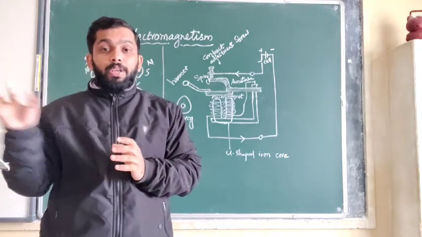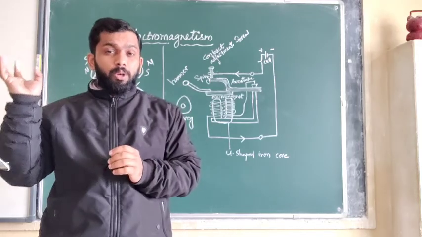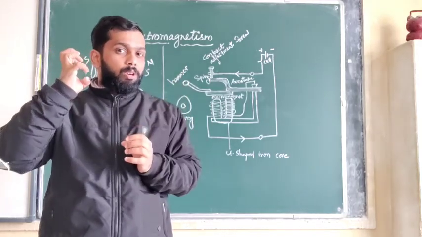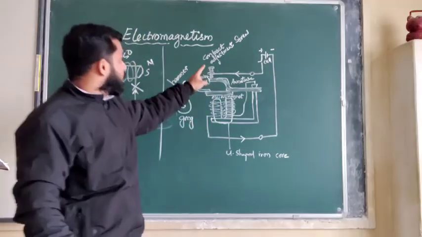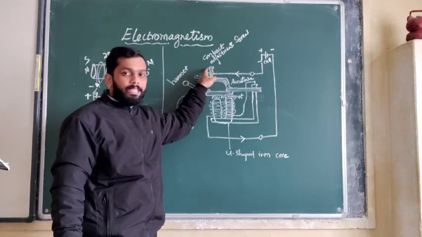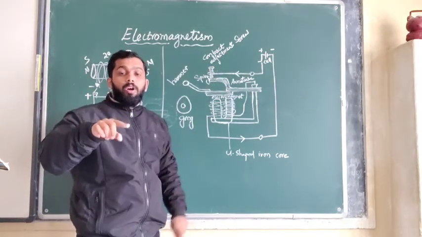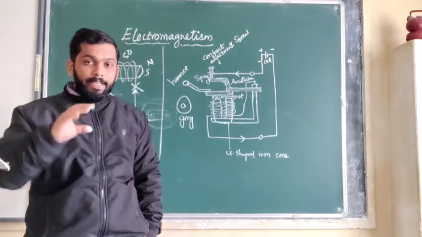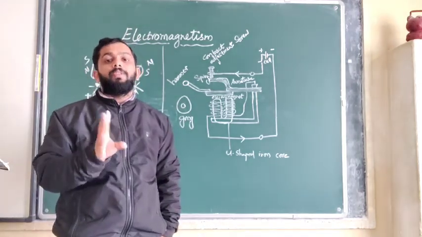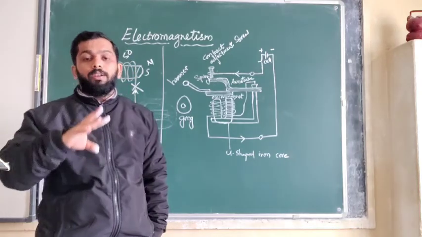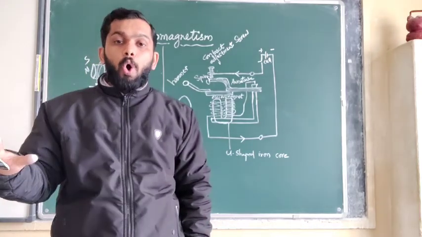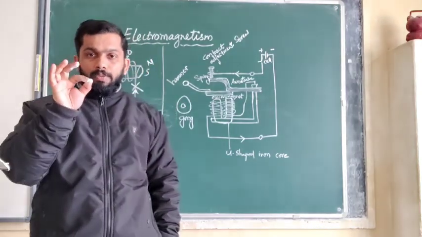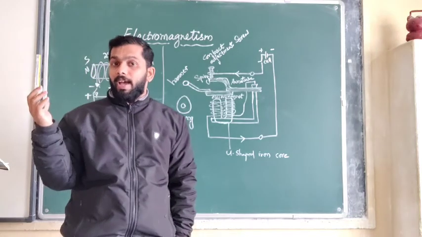Suppose we know that the frequency of our school bell should be very high, you know, it is a very sharp sound. So by adjusting this screw, loosening or tightening, we are able to alter, increase or decrease the frequency of the bell. And we know that when we are using a bell in a home, the frequency is very low, but in school it is very high.